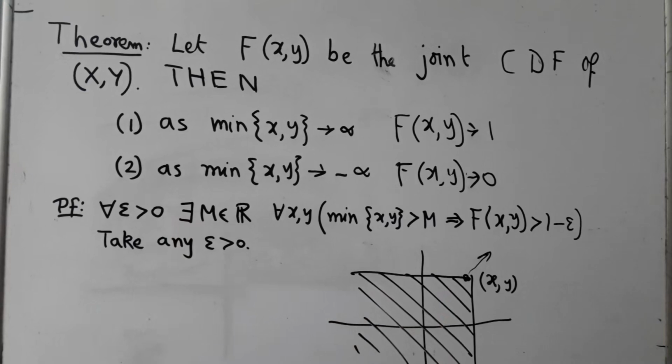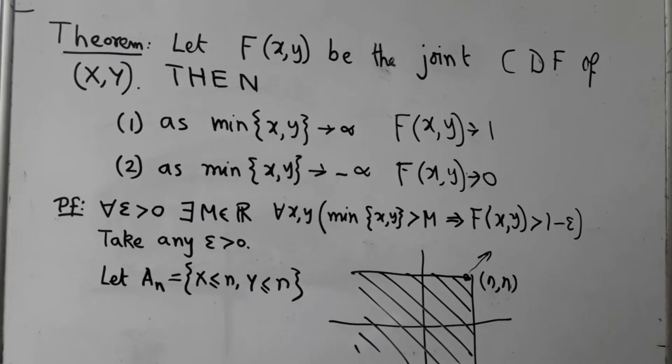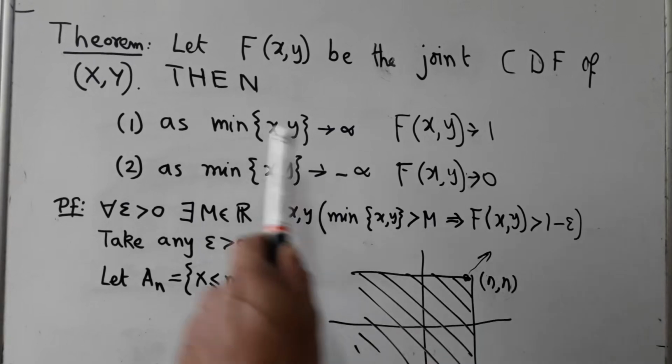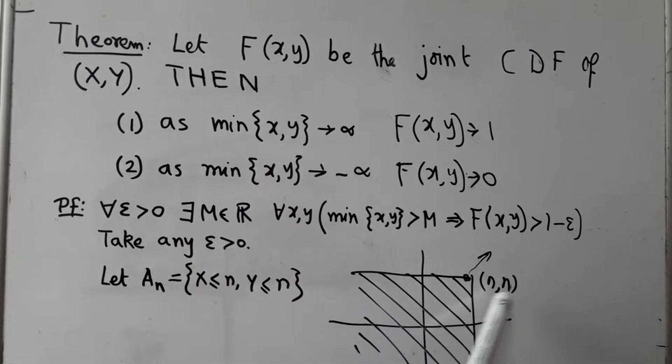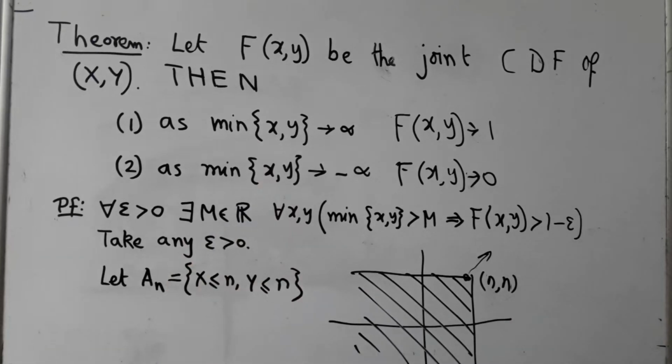But we have to be careful here because x, y can take uncountably infinitely many values, and our continuity of probability theorem works with only countable things. So instead of working with all x comma y, we are working with just n comma n. So this also is a sequence going towards infinity, that is their minimum is going towards infinity, but now we have a countable collection.